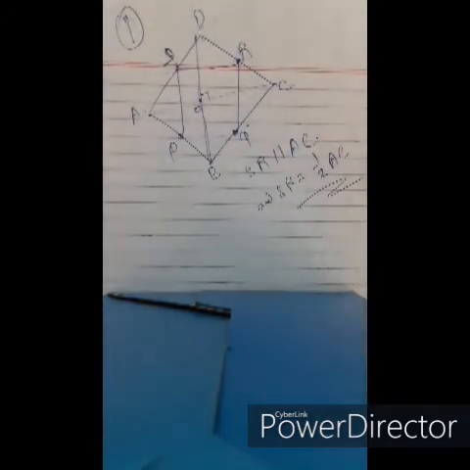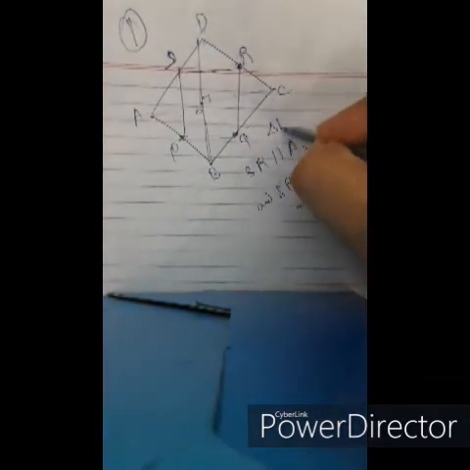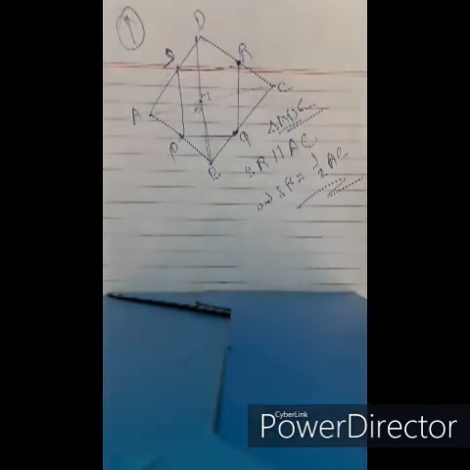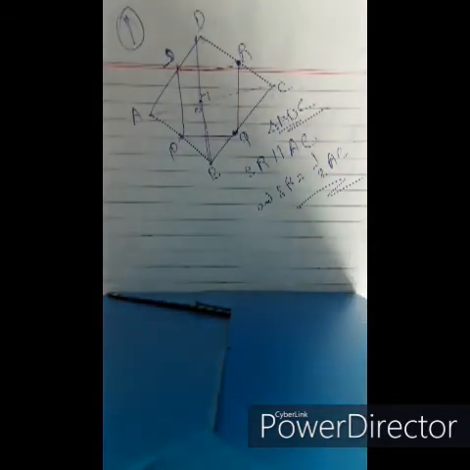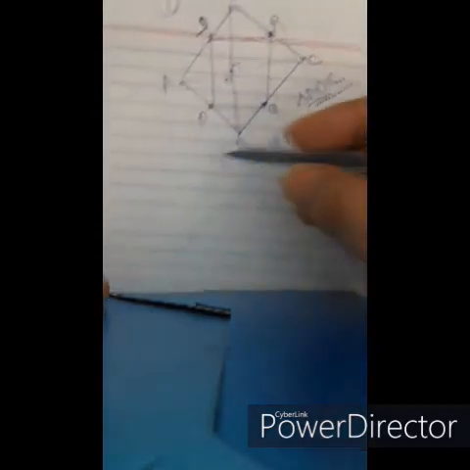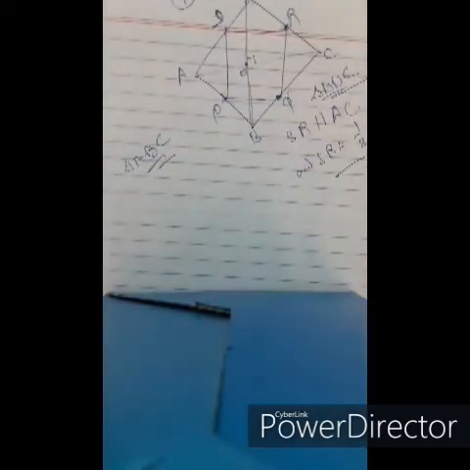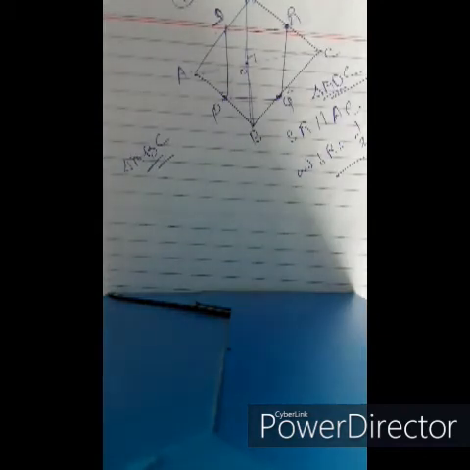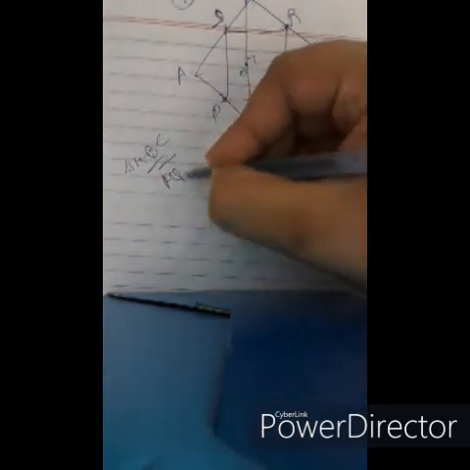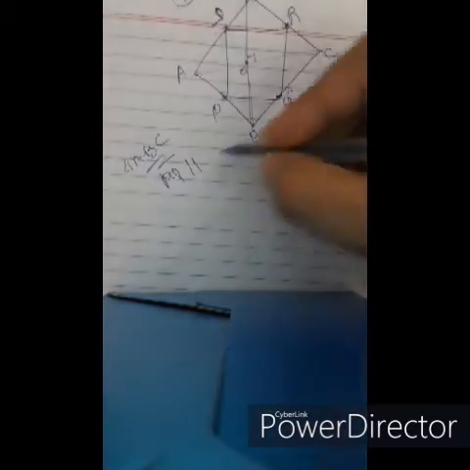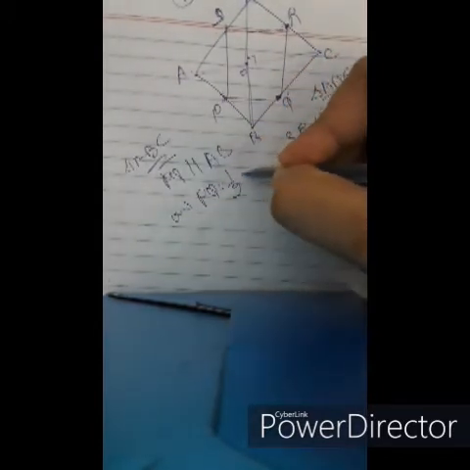Now taking triangle ABC, this was for triangle ADC. Here P and Q are the midpoints of AB and BC, it is given. So by the midpoint theorem it can be stated that PQ is parallel to AC and PQ equals half of AC.